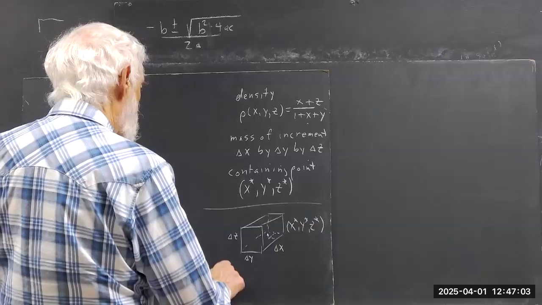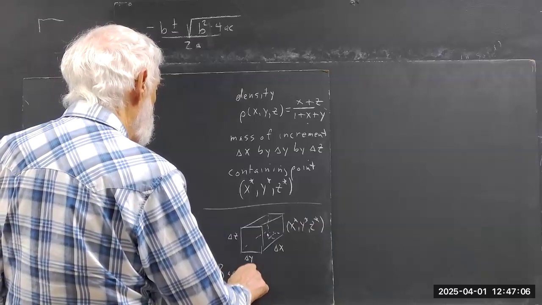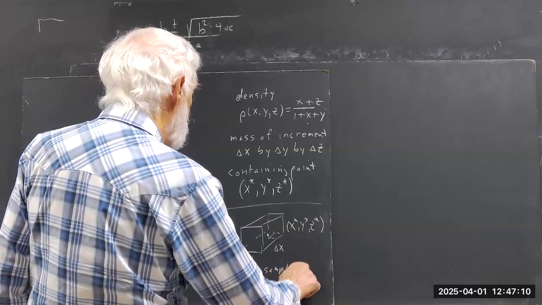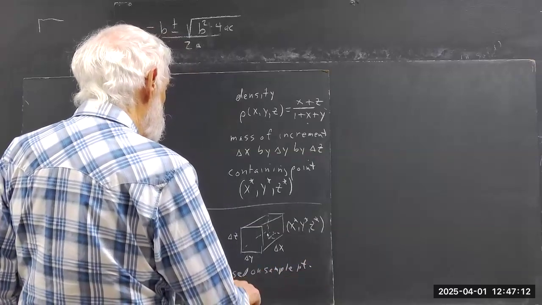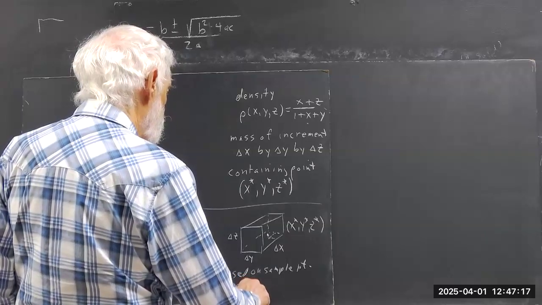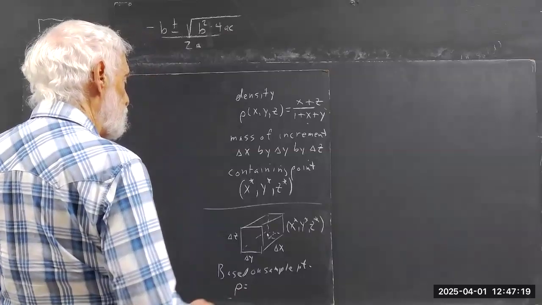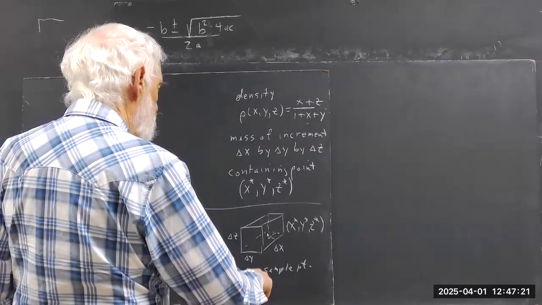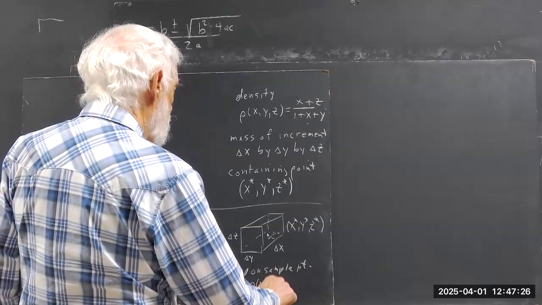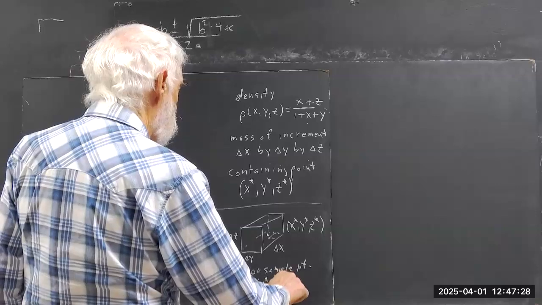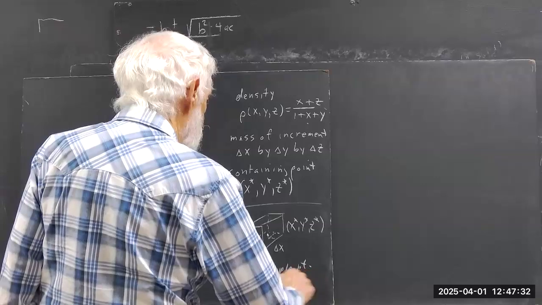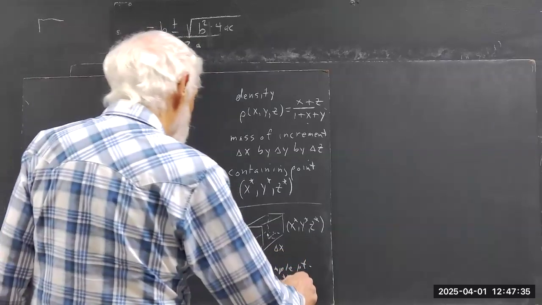Then based on the sample point, density is rho of x star, y star, z star.